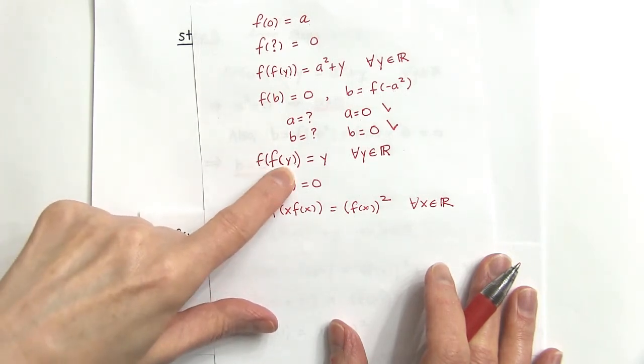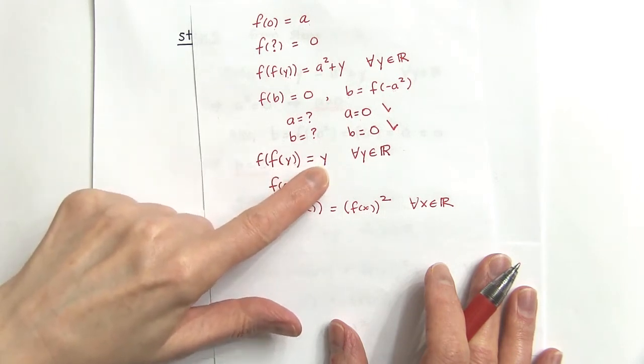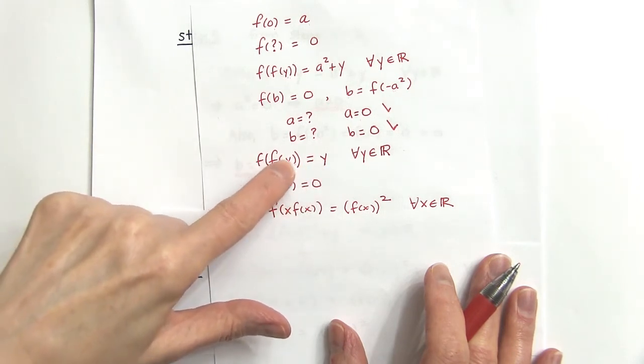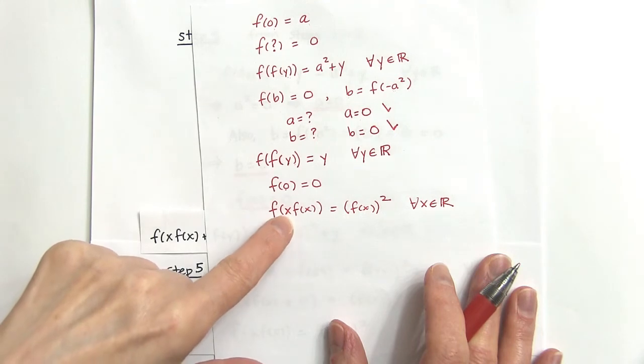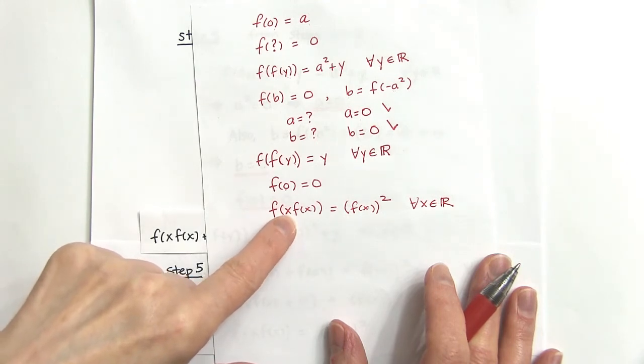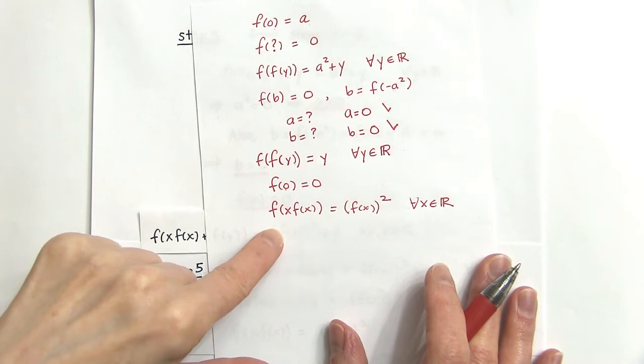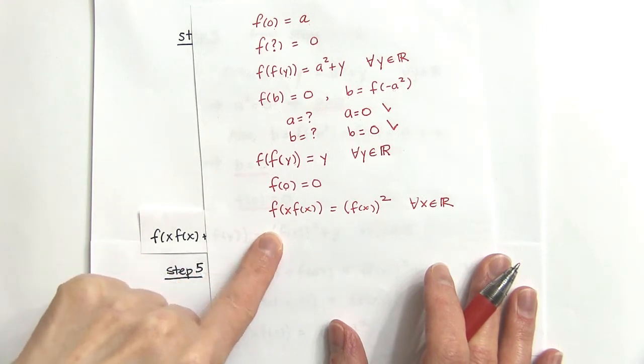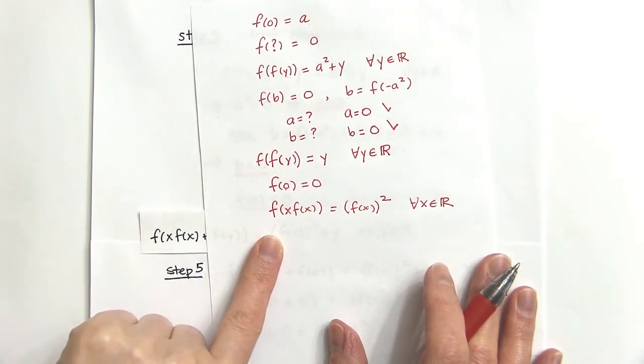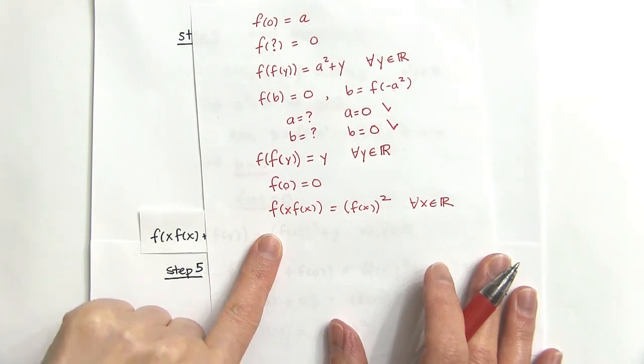Substituting x for y here, we know that x is f evaluated at f at x. So I could replace x here with f evaluated at f at x. And then let's see what this expression looks like when we do that. So I'm going to do that in step 6, like this.